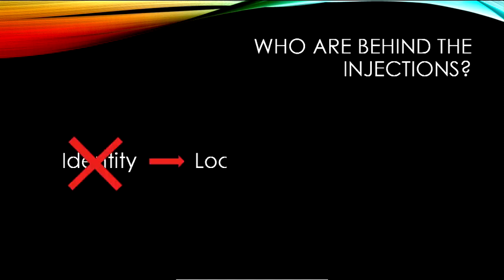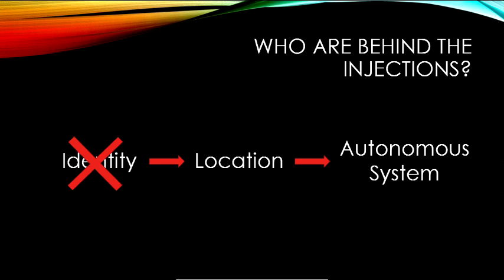So instead, we try to locate the network from which the injected packet was triggered, or more specifically, the autonomous system from which the injected packet was triggered. If we identify the autonomous system, then we can identify the entity that is responsible for it. That entity is not necessarily responsible for the injection itself, but at least it is responsible for the network infrastructure from which the injected packet is triggered.